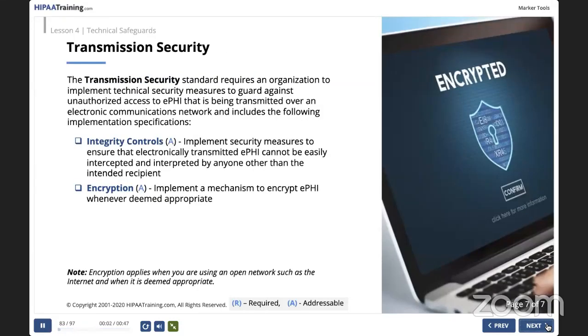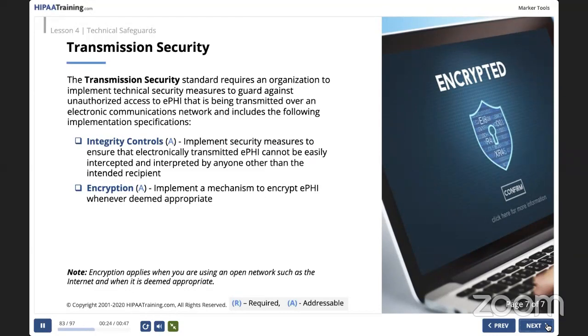Transmission security. The transmission security standard requires an organization to implement technical security measures to guard against unauthorized access to EPHI that is being transmitted over an electronic communications network, and includes the following implementation specifications. Integrity controls.